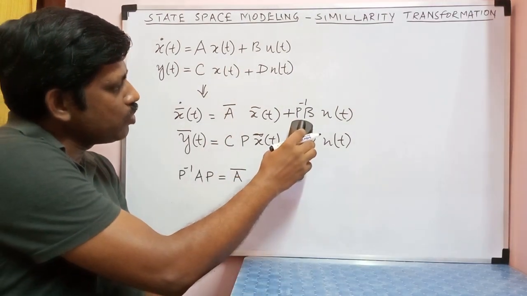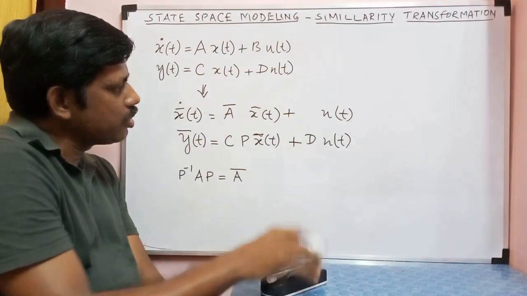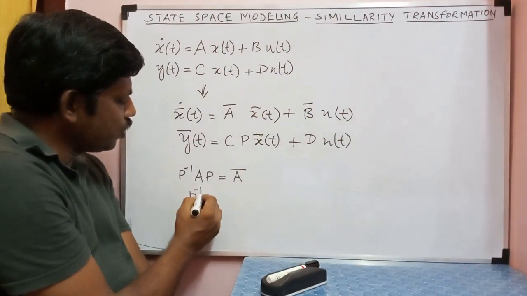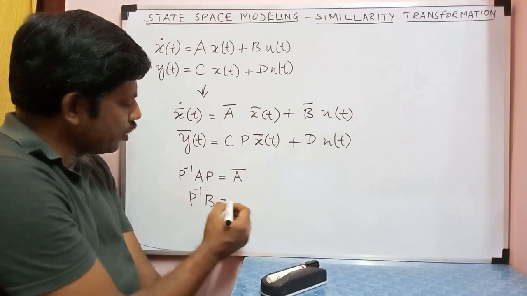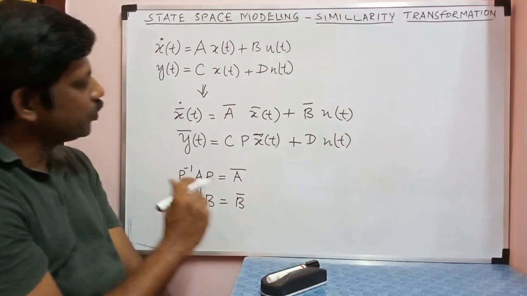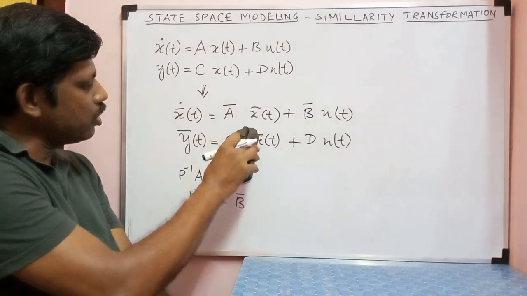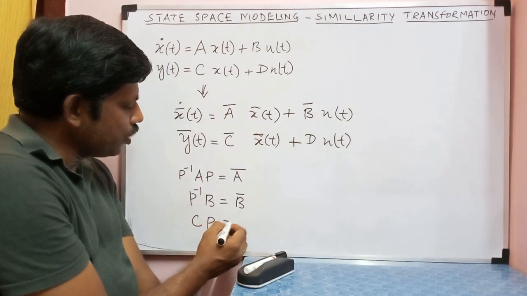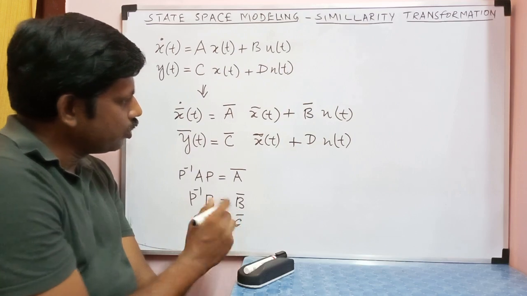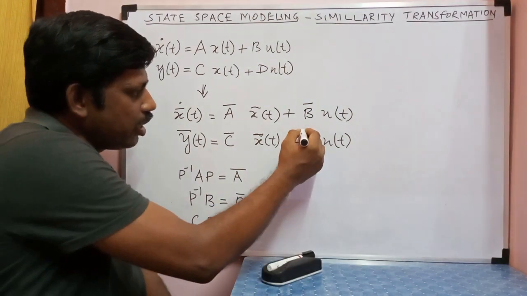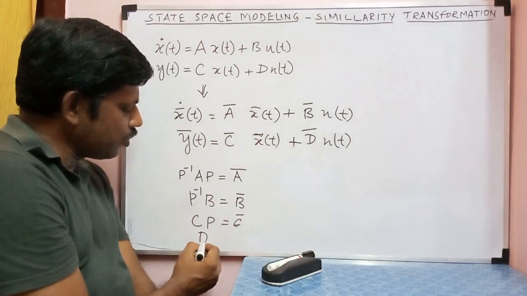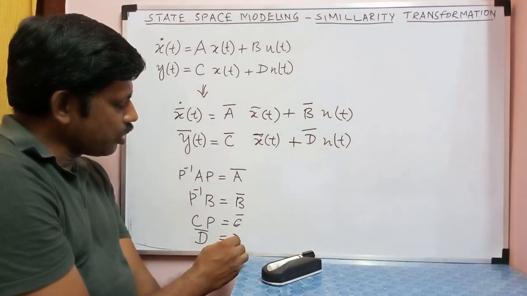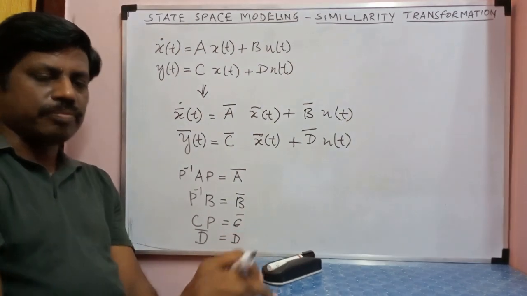And this P inverse B, I am going to write as B bar. The CP, I will write as C bar. CP is equal to C bar. And this D, I will write as D bar just for the sake of uniformity. Please note that D bar and D are the same.